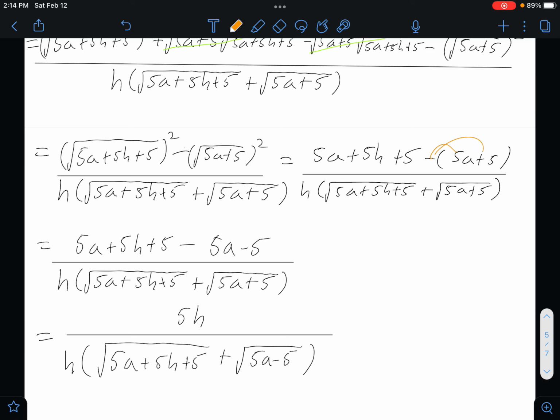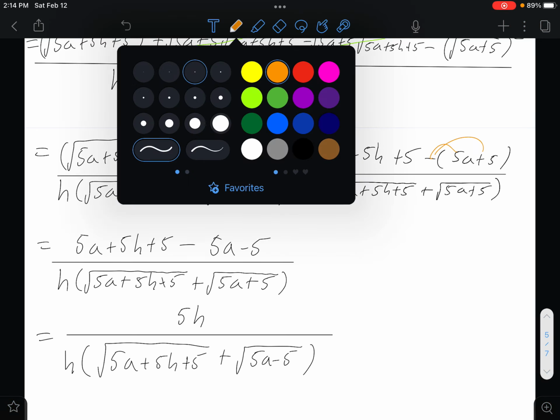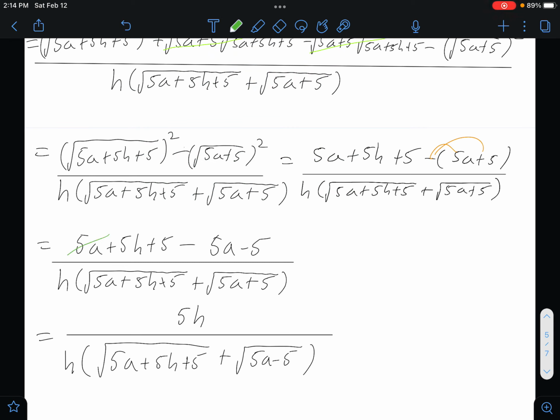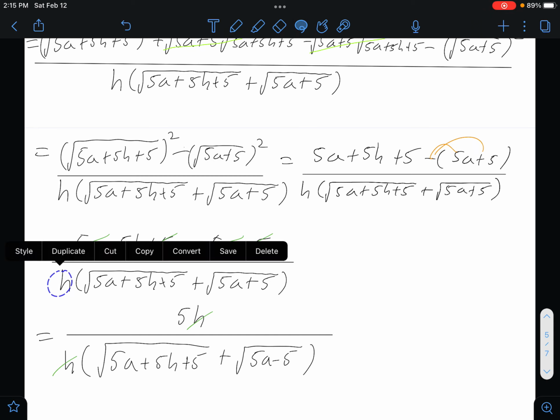Now again, even nicer, even better, is that 5a minus 5a adds up to 0. 5 minus 5 also adds up to 0. So our numerator really becomes just 5h. Our denominator stays the same. Cancel out these h's because we did not distribute this h into here. Don't need to, right?